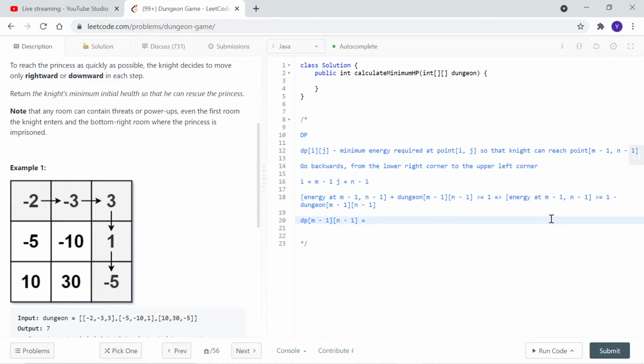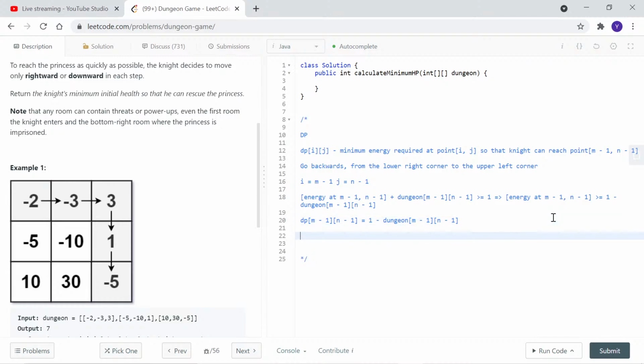Then we actually can get the dp value at this point, which is the max of that and 1. This can be solved as the base case to calculate the other points in the dp array.